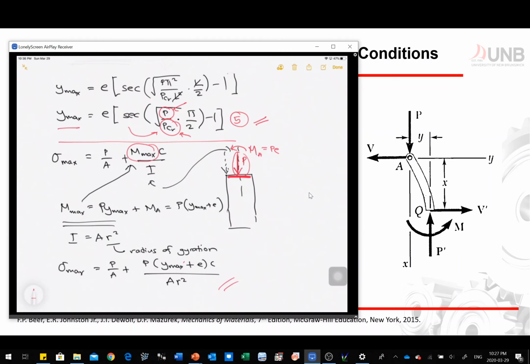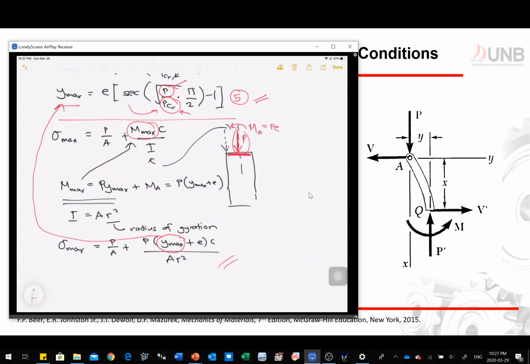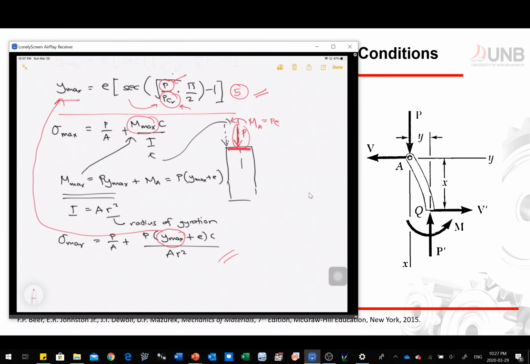Now note that this is Y max, and that Y max is related to this Y max right here, which means we can still manipulate our equation to get a different form. So let's recall Y max.